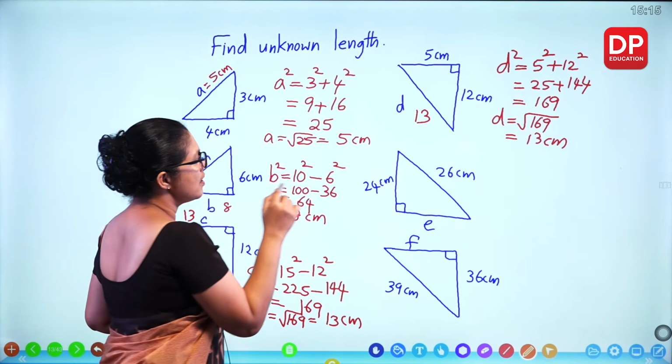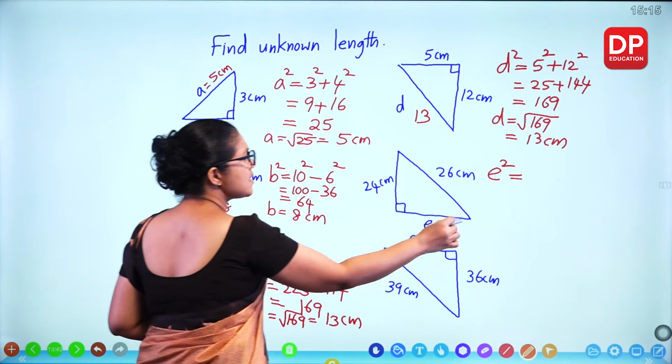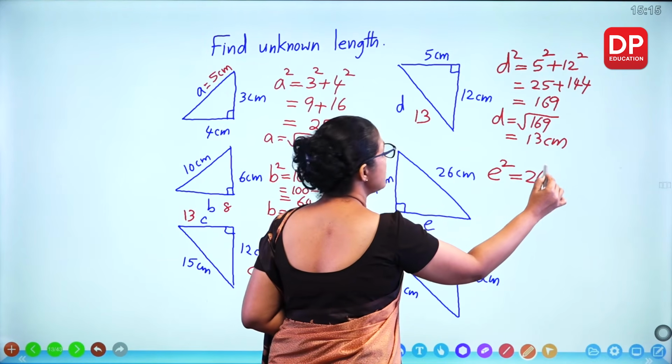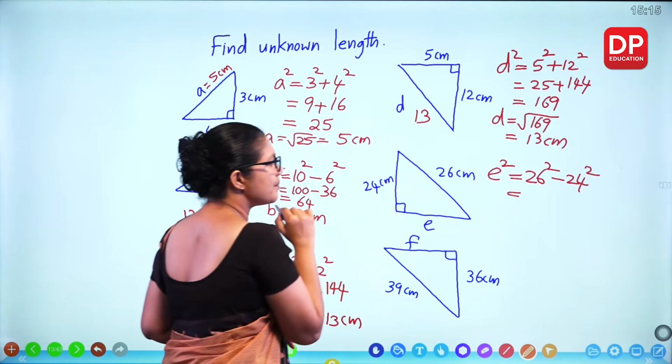This one, E is not the hypotenuse, so you can write E squared is 26 squared minus 24 squared. So what is 26 squared?